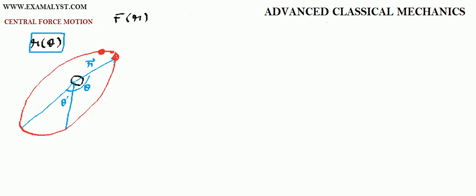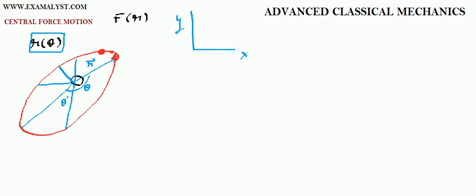In this manner, for various angles theta, if I can calculate the length of my radius vector r, then I can easily say what is the orbit in which the earth is moving. Agreed?